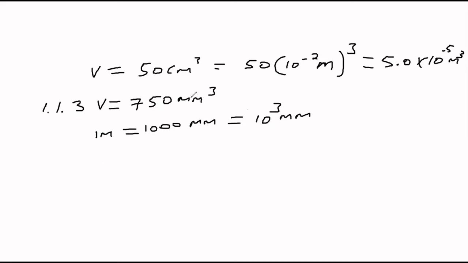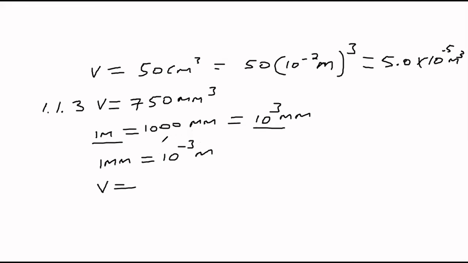Where there is a millimeter cubed, now we need to write a meter. So let's write 1 millimeter in terms of a meter. It is the same as 10 to the power negative 3 meters. How do we get it? We divide by 10 to the power 3 both sides. Then we get 10 to the power negative 3 meters.